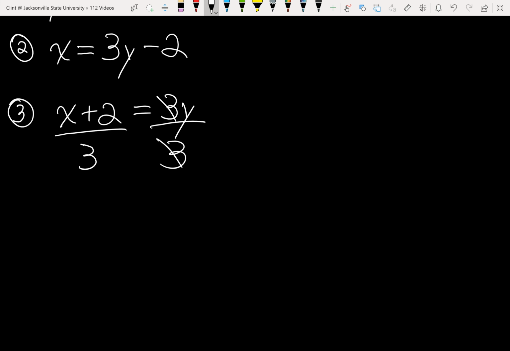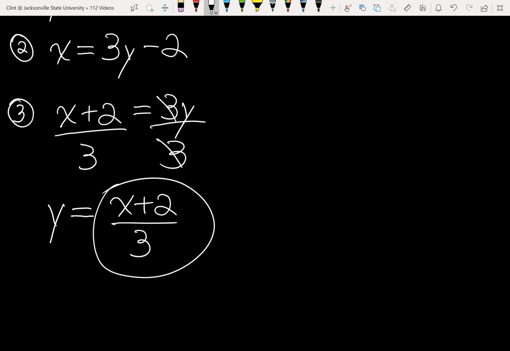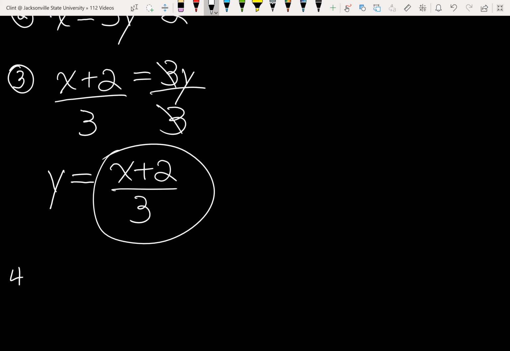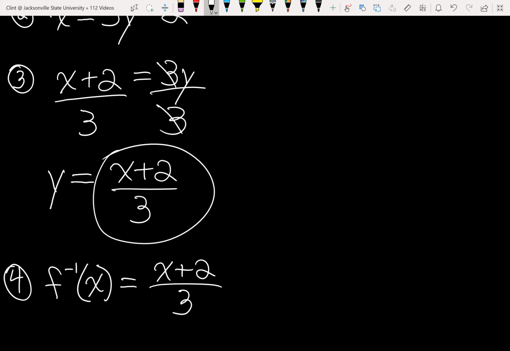And that cancels that, so this gives me, I'm just flipping it around, y equals x plus 2 over 3. So this thing is my inverse. So if I want to write it down that way, f inverse of x is x plus 2 over 3.